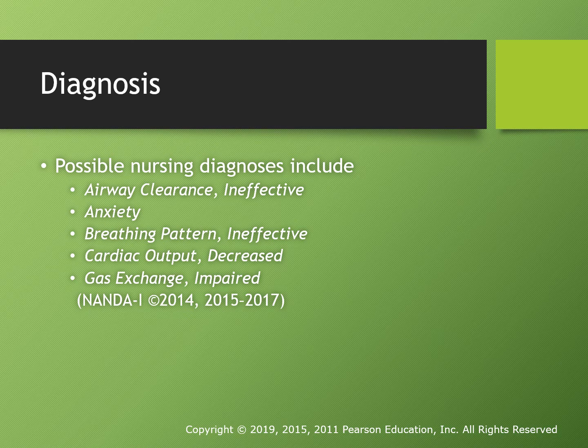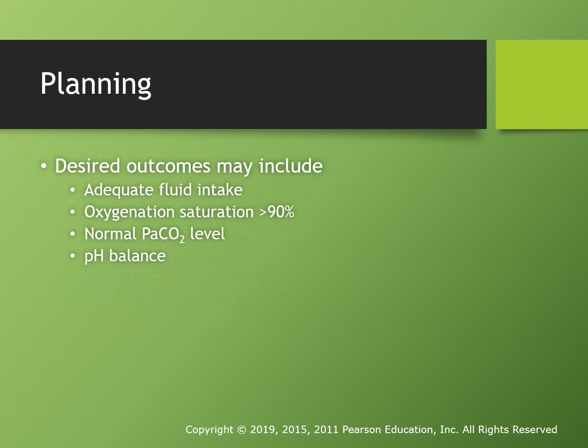Possible nursing diagnoses: ineffective airway clearance, of course, anxiety. We feel very anxious when we can't breathe. Ineffective breathing pattern, decreased cardiac output because of the lack of oxygenation, and that affects perfusion. And of course, impaired gas exchange, which is oxygenation as well.